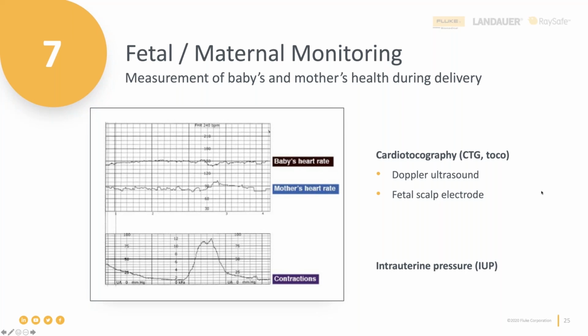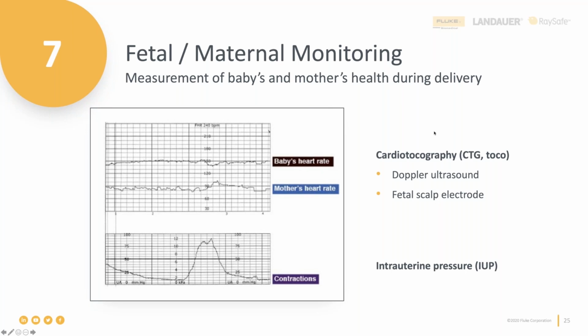And then there's also a method where you can do it through the cable, so you can just do an electronic simulation. Ultimately, what these monitors are trying to do is measure the vital signs of the mother and the child, and they have the added complexity of being able to measure contractions.